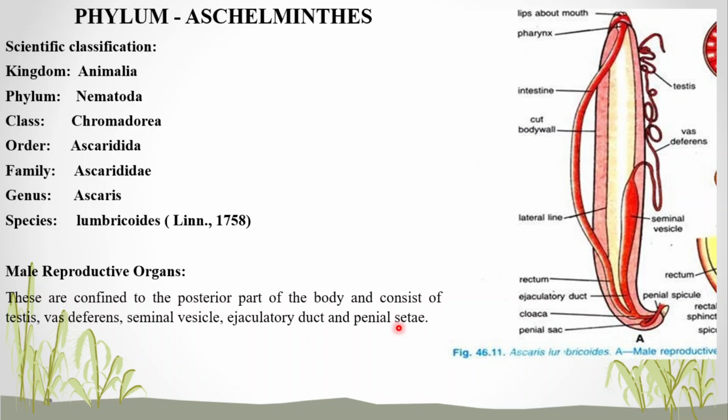Now in phylum Aschelminthes we are studying the male reproductive organs. See, these are confined in the posterior part, this is the posterior part of the male Ascaris. Now let's see each and every organ of the male reproductive system one by one.